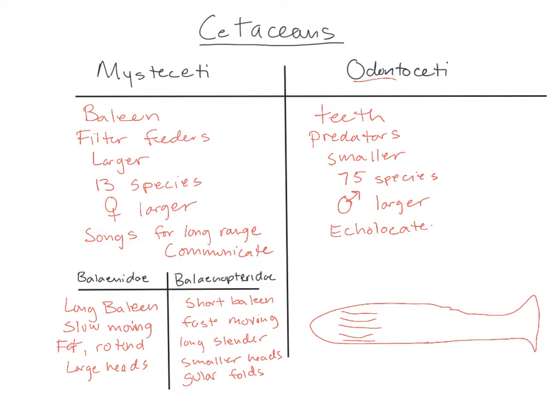There are a couple other groups in Mysticeti, but most of the species are in these two groups. All right, so that's cetaceans. I have a presentation on the history of whaling that I will do and record for you guys as well.